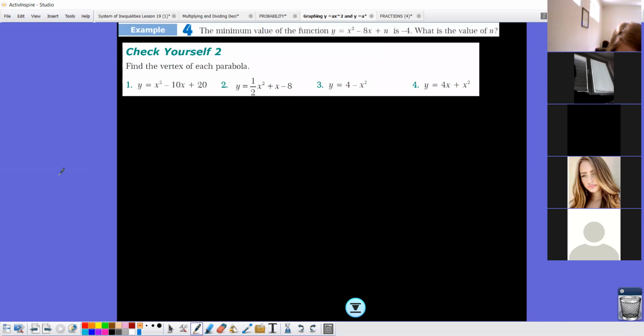So the minimum value of the function y is equal to x squared minus 8x plus n is minus 4. What is the value of n? What is given?